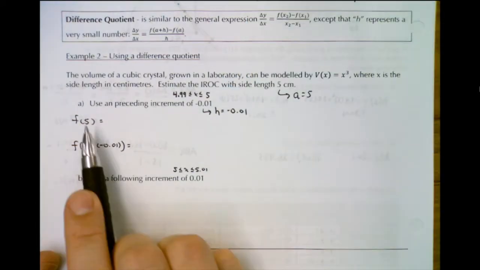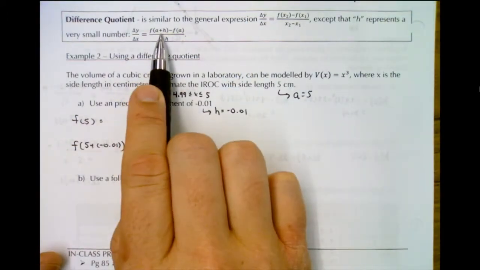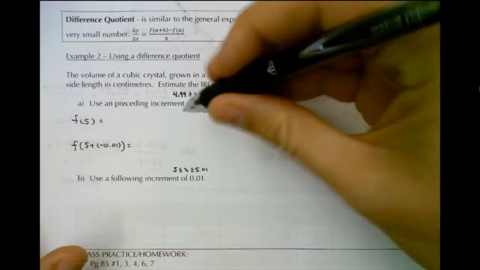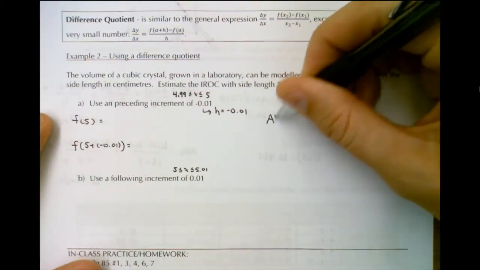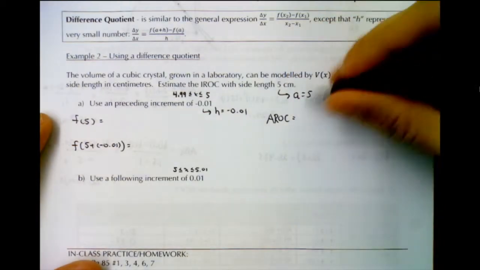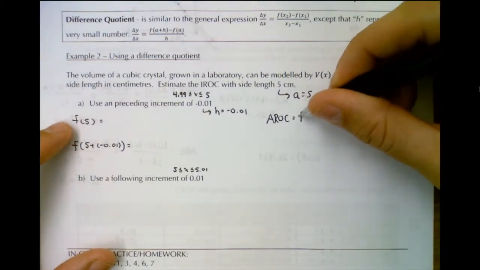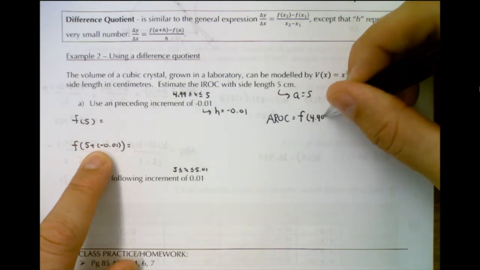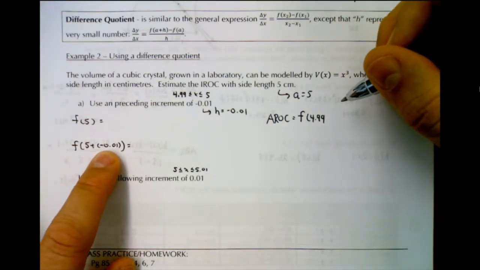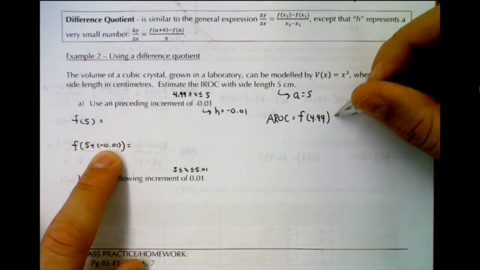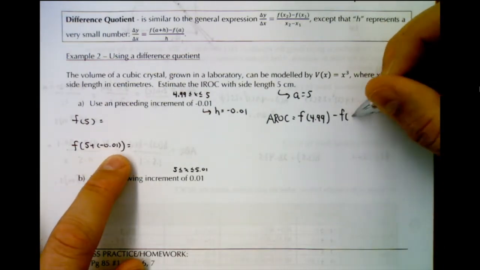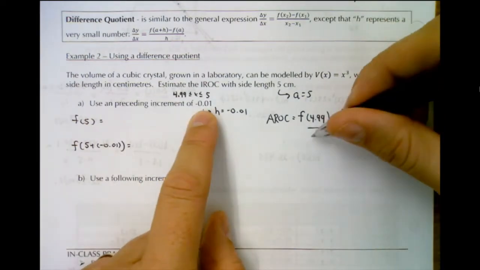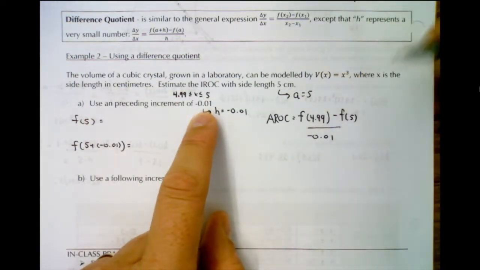So if we can figure out all three of these pieces, we can just plug them into our difference quotient, and that will give you an average rate of change. So our AROC is equal to f at 4.99, which is 5 plus negative 0.01, minus f at 5, divided by h, which is negative 0.01.